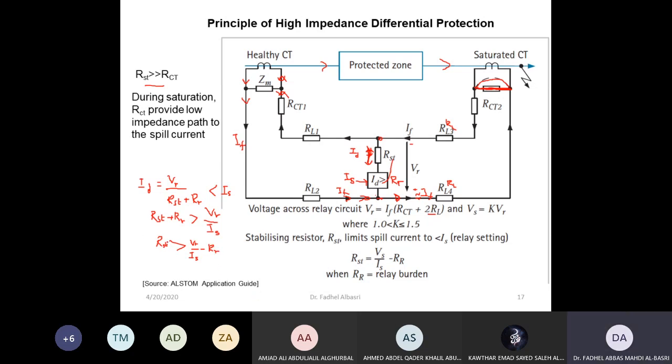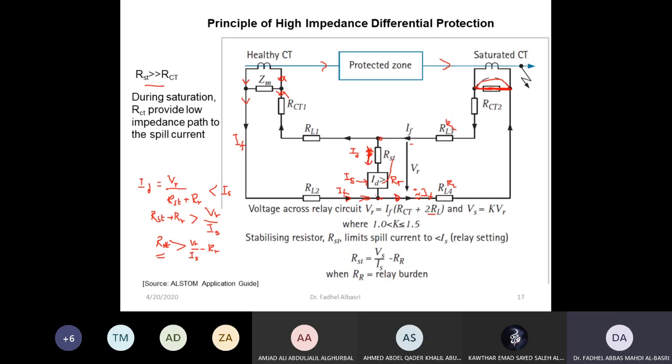So I have to choose a stabilizing resistance that's greater than this, and I know what VR is, okay? I know the maximum fault that occurs here, I know RCT, so I know VR. And I know the pickup setting of this. As I told you, we choose a pickup setting of 20% of my secondary rated current. So I know the I setting, and I can choose a stabilizer.